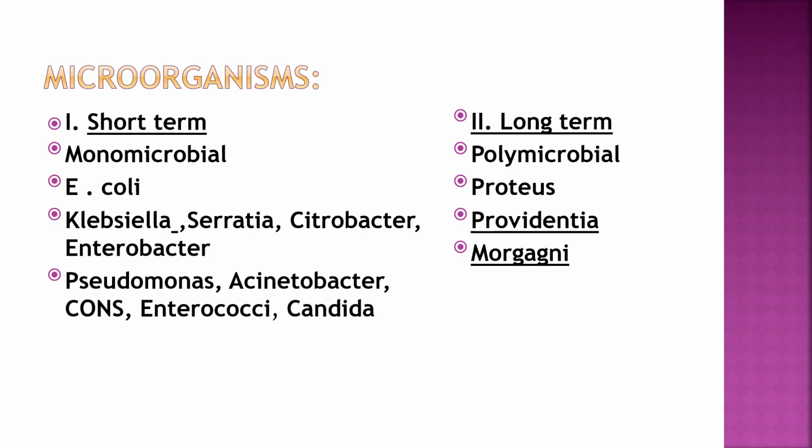These are seen in short term catheterization. If long term catheterization, then it is polymicrobial, that is many organisms are present at one time, and they may be these short term organisms plus other organisms like Proteus, Providencia, Morganella.